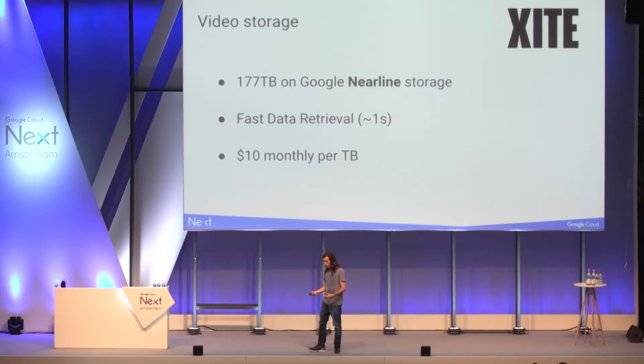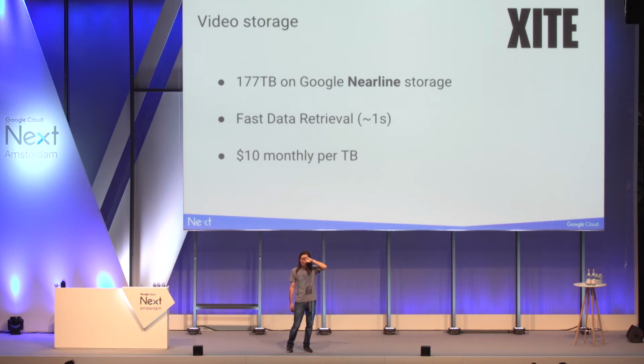The other big problem we had was about the storage. And the Google Nearline storage really solves all the problems we had. It's a great speed and cost benefit. You can retrieve data in around 1 second. It costs only around 10 euros per month per terabyte.